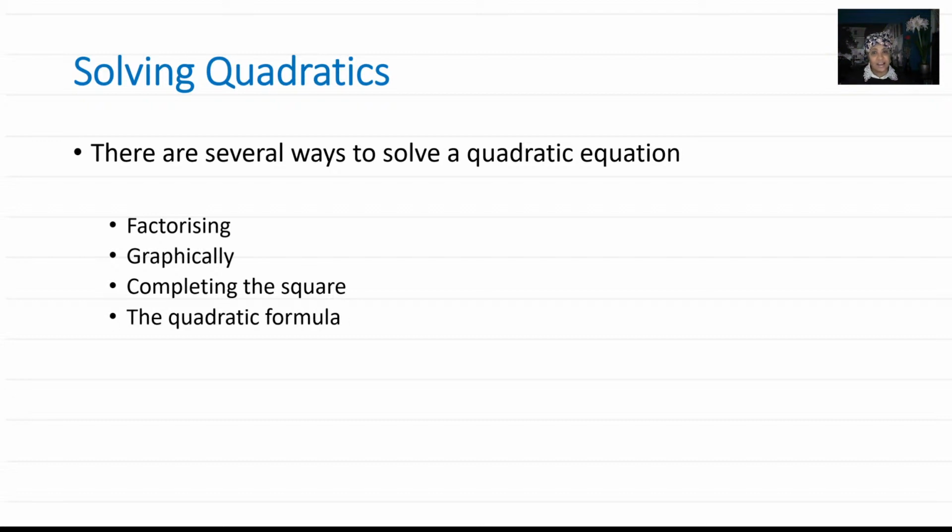And the other method is the quadratic formula. So sometimes we have to use a formula, but the formula actually is related to completing the square. Now, if you really want to know how to get to the quadratic formula, let me know and I can do a session on that. Actually, there is a session, but I can do a live session with you guys.